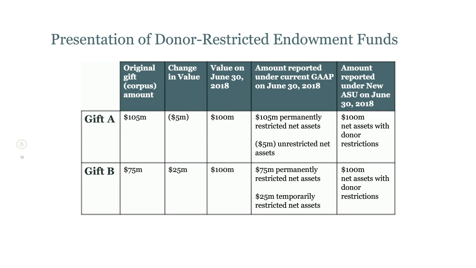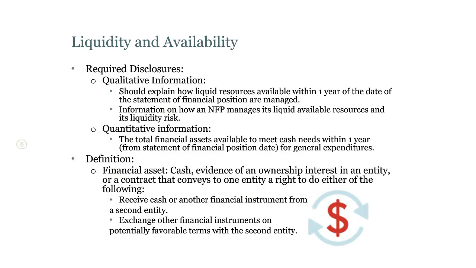All right. Next up, Laura, I'm going to turn it over to you to talk about liquidity and availability. Thanks, Liz. So there are two new disclosure requirements required by the standard. The first is your organization will be required to qualitatively describe in the notes to the financial statements information that's useful in assessing the liquidity of resources or the maturity of assets and liabilities, as well as how your organization manages its liquid resources available to meet cash needs for general expenditures.